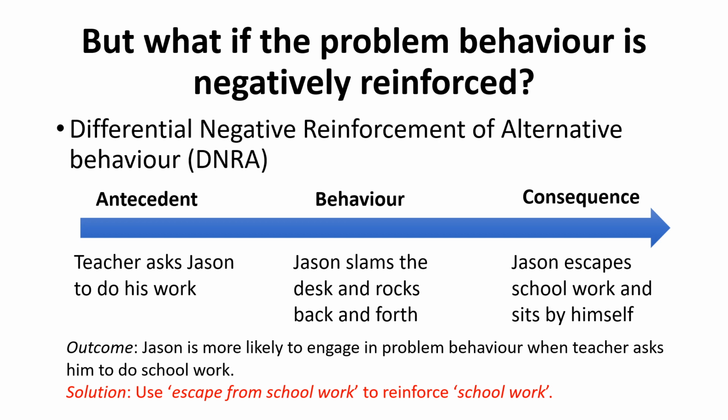And we can then use intermittent reinforcement so that instead of a break after every question that Jason answers, maybe we get it up to every 2 questions or 5 questions or maybe even 10 questions until we get to an acceptable amount of work getting accomplished before he gets a break. So we can actually use negative reinforcement to encourage those desirable behaviors, and we can still extinguish bad behaviors that are being maintained by negative reinforcement.